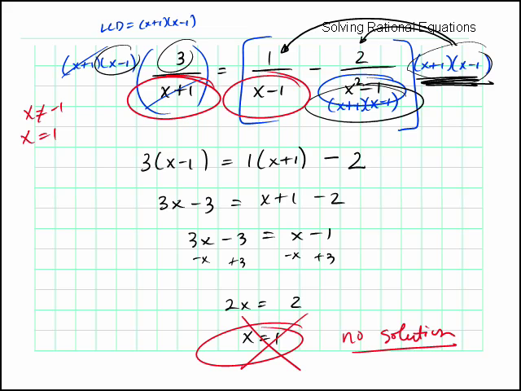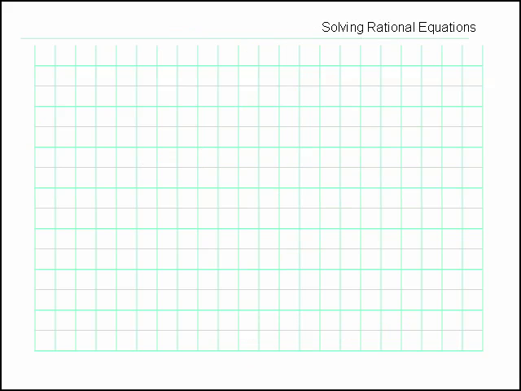Okay, let's try one like this now. 1 over x plus 4 plus x over x minus 4 equals negative 8 over x squared minus 16.